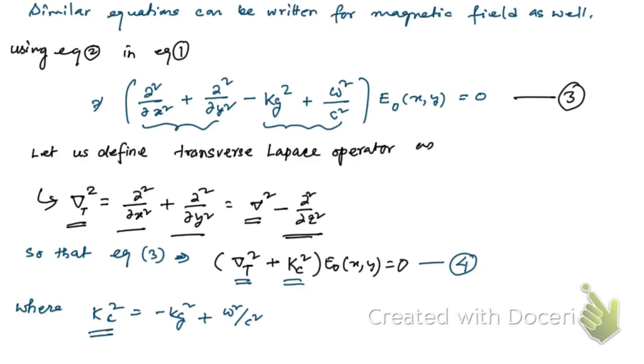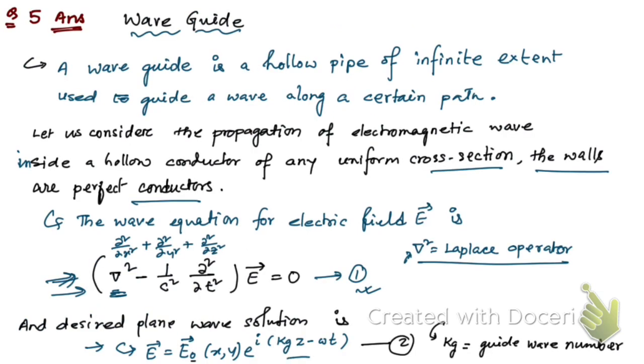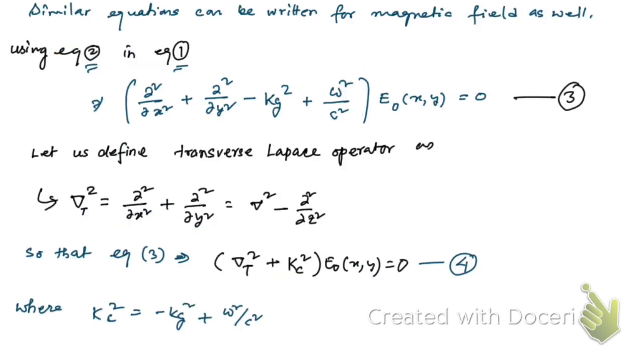I hope you have understood this. How did we obtain this equation? Let me clean this. We have used equation number 2 in 1. If you replace this by this result, then you will get this equation number 3.